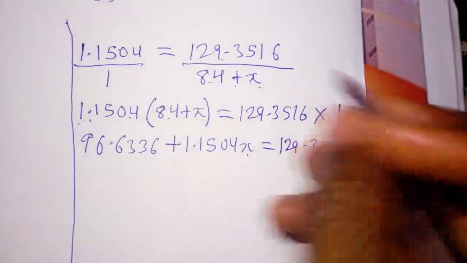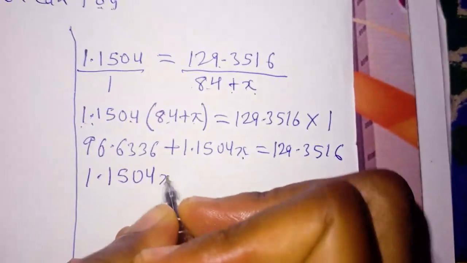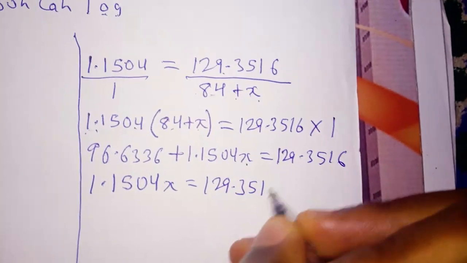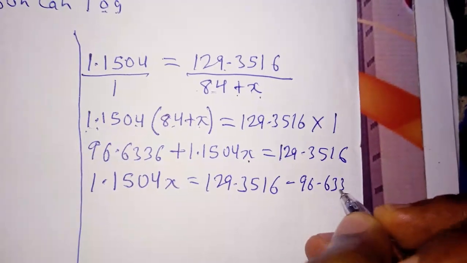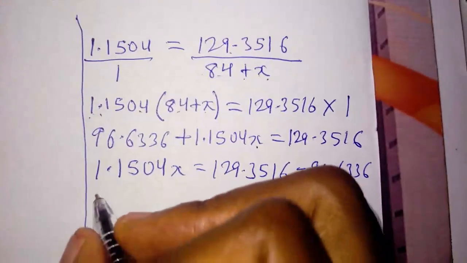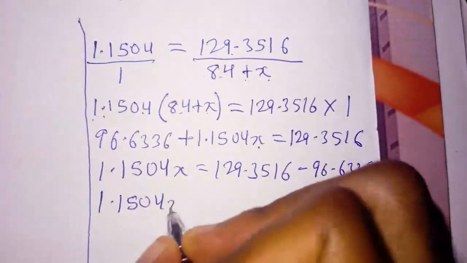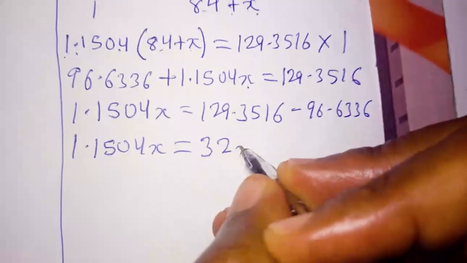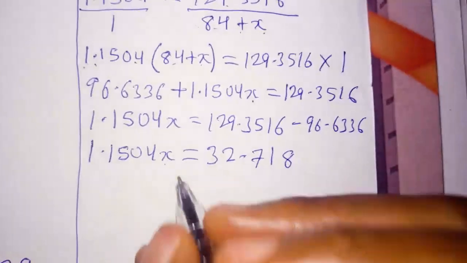So this can come to the side. So we are going to have 1.1504X equals 129.3516 minus 96.6336. And computing that subtraction, you're going to have 32.718.